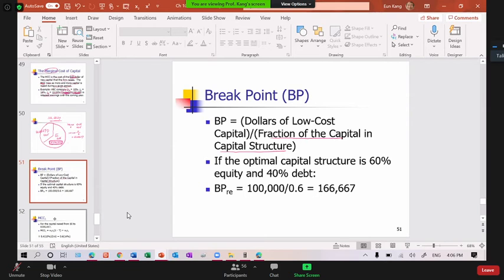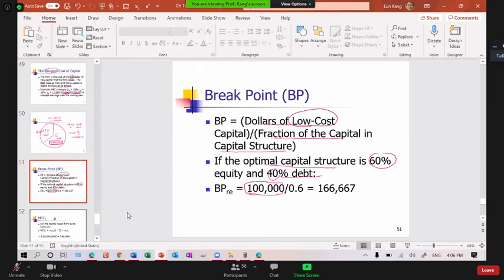If the optimal capital structure is 60% equity and 40% debt, then all you have to do is take the dollars of low cost capital, which is 100,000.